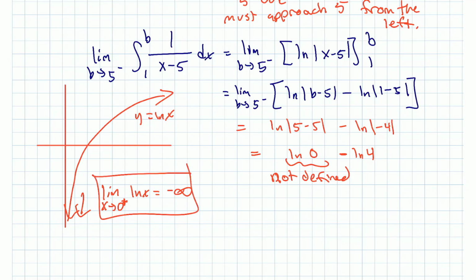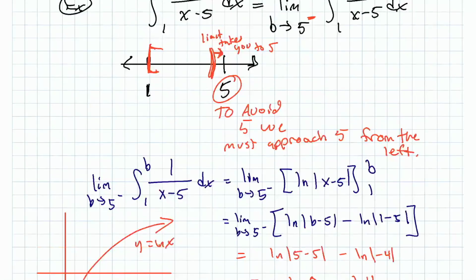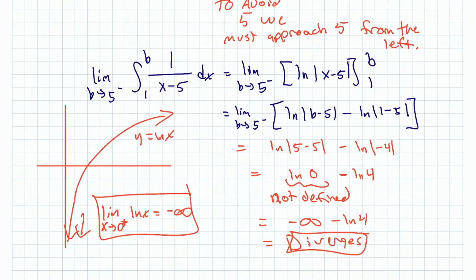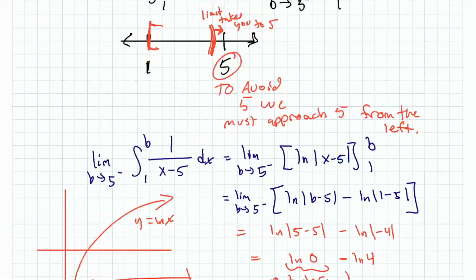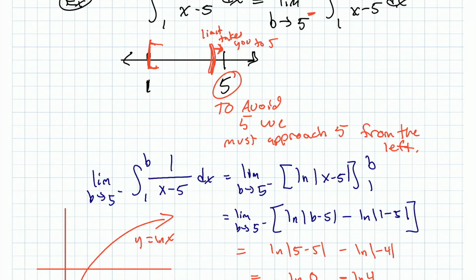So this is not defined, it's negative infinity. So the integral diverges because we don't get a number. Okay? So that's what you do. You take a limit and then you do it. So it's exactly the same as the normal type that we've already seen, really. Not much different.